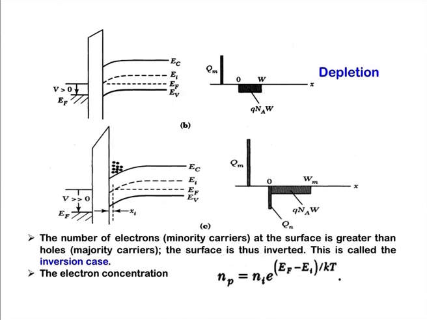So, here our semiconductor is p type, but surface is behaving like a n type semiconductor, and here we can see the energy band diagram, and we can calculate this electron concentration by using this equation np equal to ni exponential (Ef minus Ei) upon kT, because the Fermi level is constant and now Ei is coming below the Fermi level. So, here on the surface this will behave as a n type semiconductor, and this width of this inversion layer is very small, generally 1 to 10 nanometer.